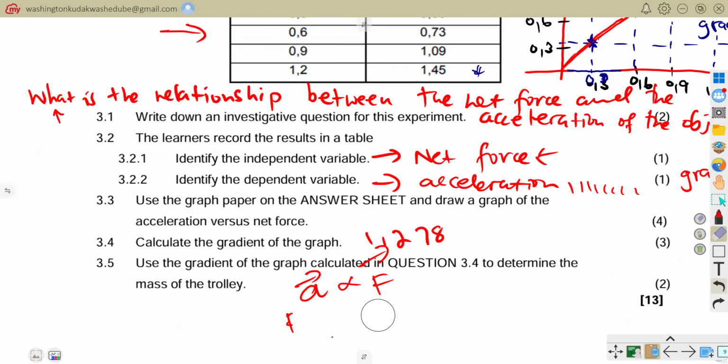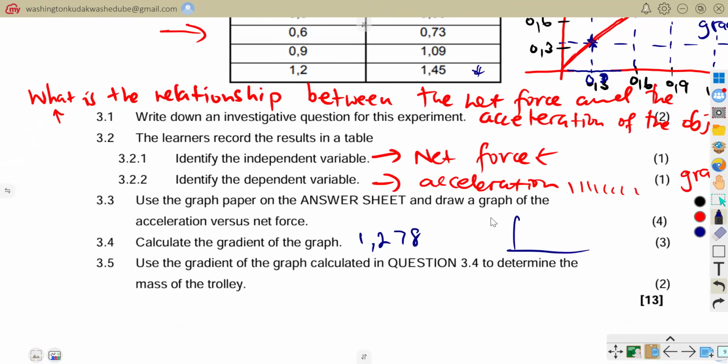So from this relationship and from the gradient that we have just come out to get, which is to say the gradient being 1.278, where you would be having your acceleration against your F net, and you would get a gradient here where I would say the gradient, let me represent my gradient by the letter G, would be equal to what?